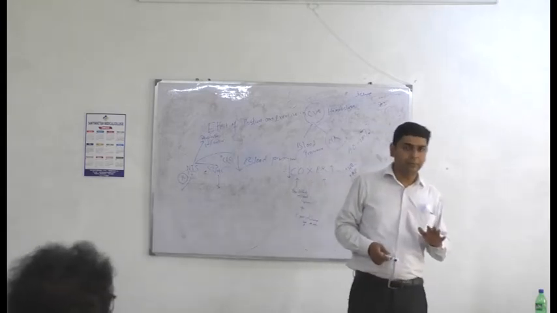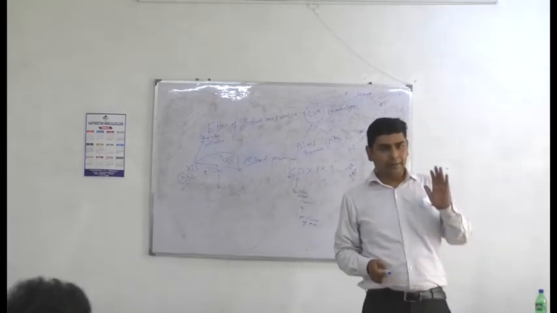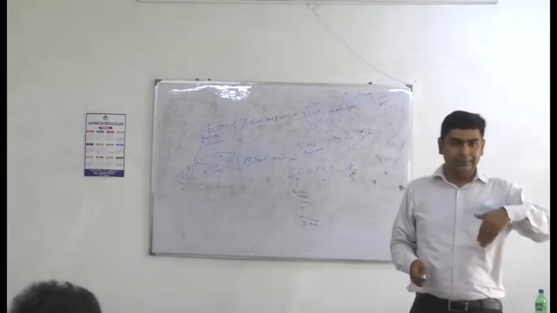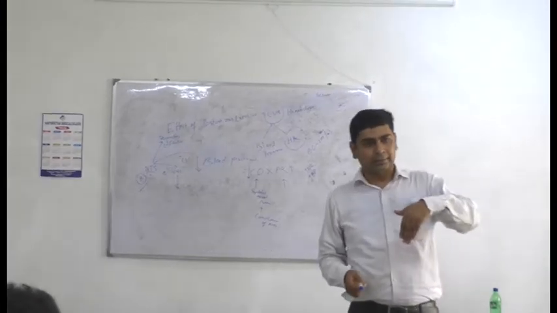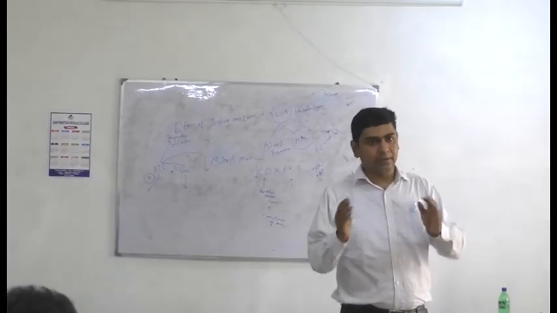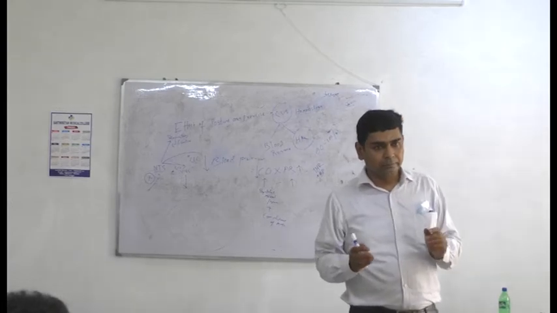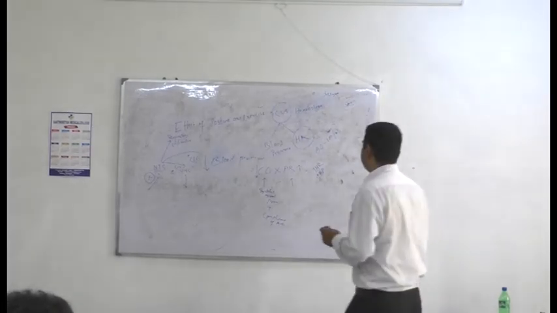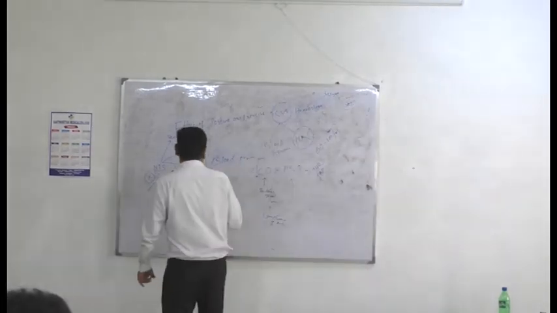What is Marey's law? When our BP rises, our heart rate decreases, and when our heart rate decreases, BP rises, and vice versa. Blood pressure and heart rate are inversely proportional.